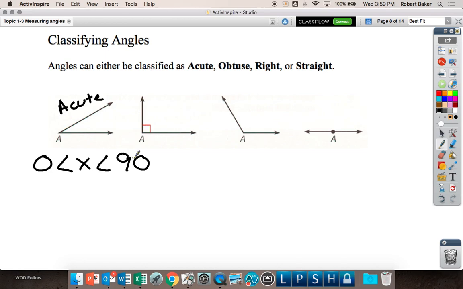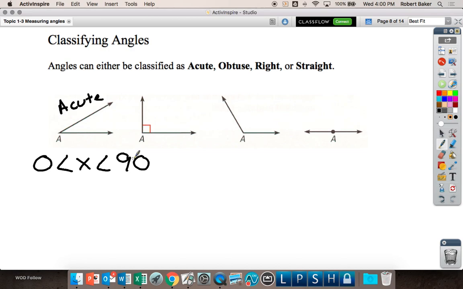And that is algebra 2 set notation. It says x is bigger than 0 and x is smaller than 90. Anywhere between 0 and 90 works. Now you know the real definition. Shame on your 8th grade teacher for saying less than 90. That's not true. Okay? What about this guy?